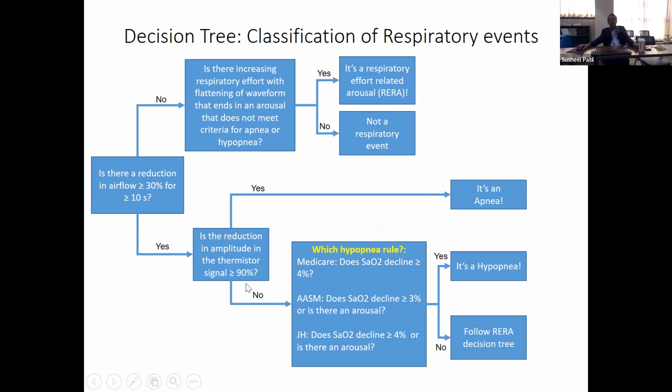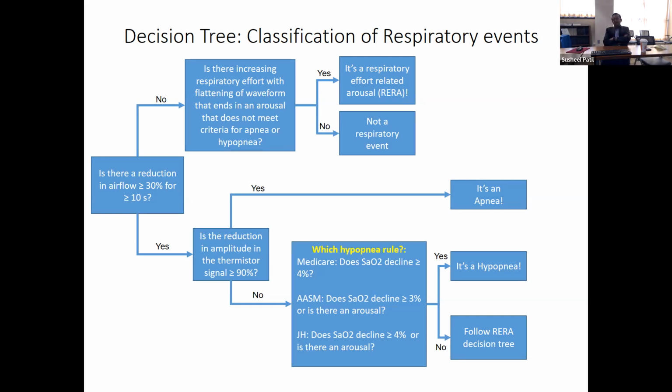But if the airflow reduction is greater than 30% but less than 90%, you follow this pathway, and it's going to be some type of hypopnea or a RERA. How you define it is based on the hypopnea rules we have. We've talked about the Medicare criteria: if the SAT declines by greater than or equal to 4%, it's a hypopnea.